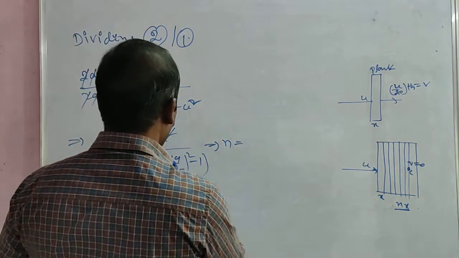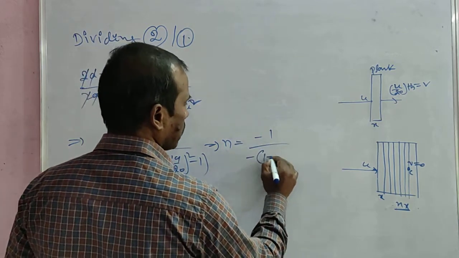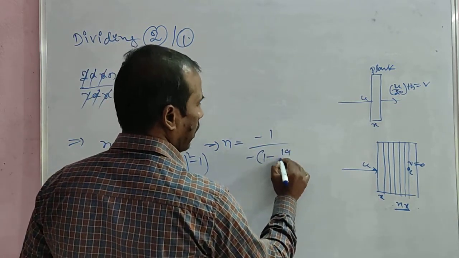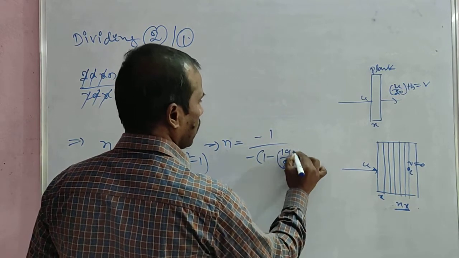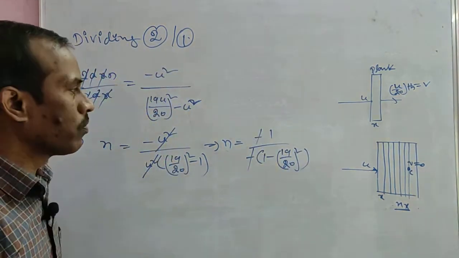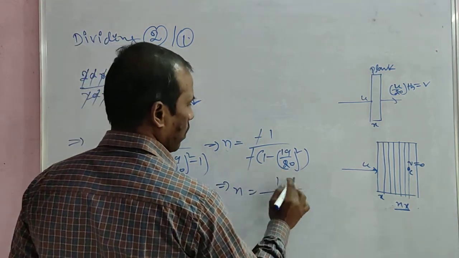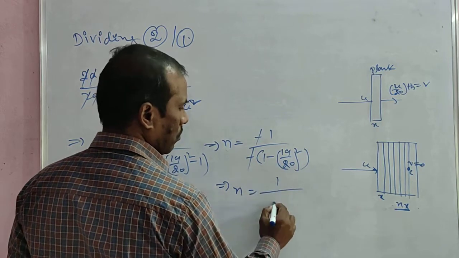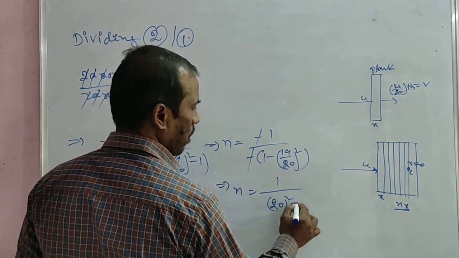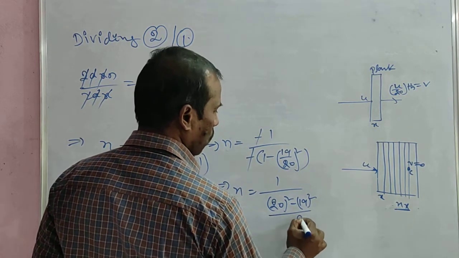After here negative by minus, here 1 plus 19 by 20 square. Here minus gets cancelled, minus here gets cancelled, so it simplifies: n is equal to 1 by the LCM 20 square minus the remaining 19 square by 20 square.